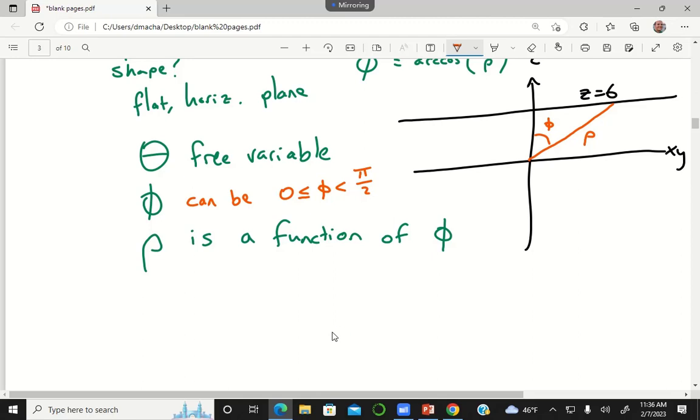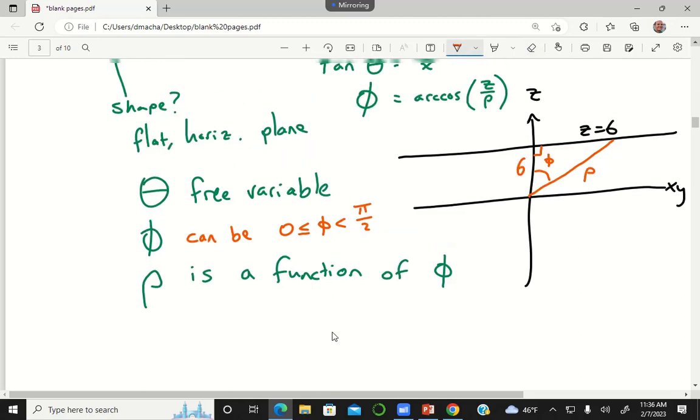So if I think of this as a right triangle here, this side length is 6. And to get rho, I would need to use the arc cosine. No, the cosine. Sorry, maybe I'm confusing myself.